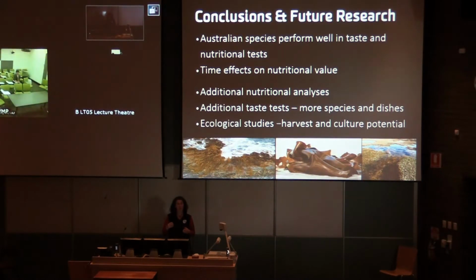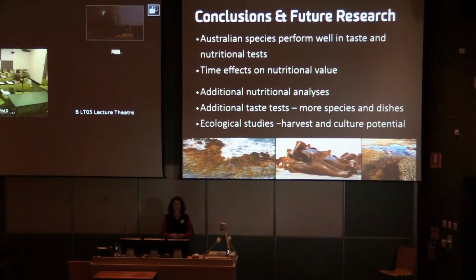We need to know where they're coming from and how much variability there is in those mineral concentrations and potentially toxic metals from areas around urban areas, for example. So it's important to understand the natural levels, but also the levels potentially affected by urbanisation and industrial or domestic runoff into the ocean, so that we can make informed choices about where to best harvest or farm these species on a commercial scale.